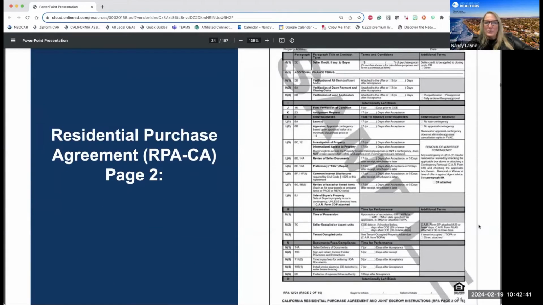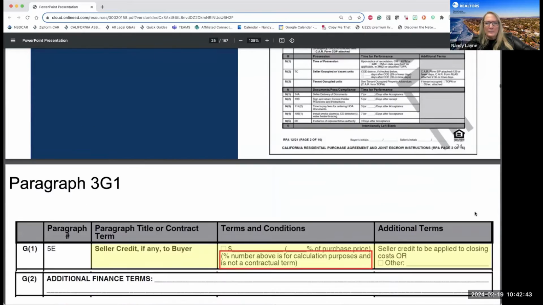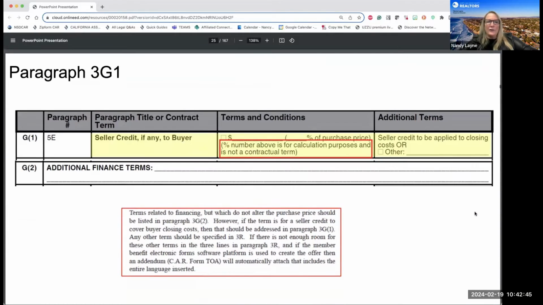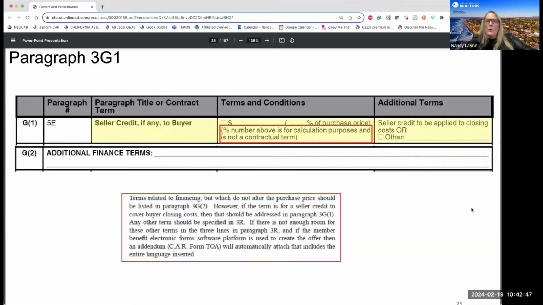Okay, so page 2 goes into, and I'll start here, the seller credit to buyer. This is kind of an interesting term, and I think it's going to be used more and more as the market changes. Right now, the idea of a seller credit to the buyer has most sellers laughing.